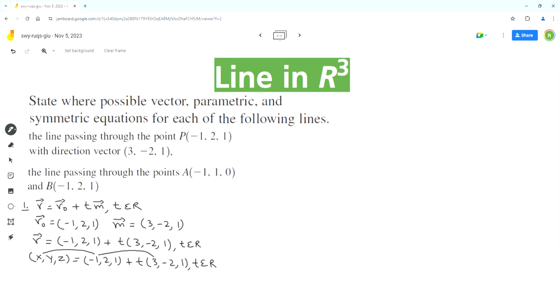We should multiply the components of the direction vector by t. So the x equation is... now we can write the y equation using the y components of the vectors.